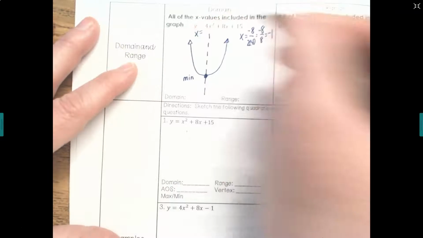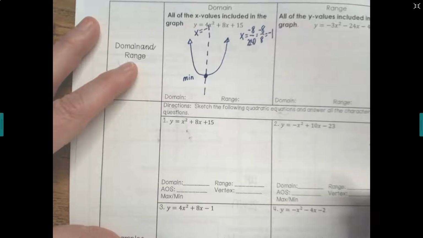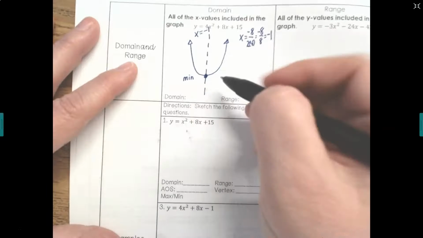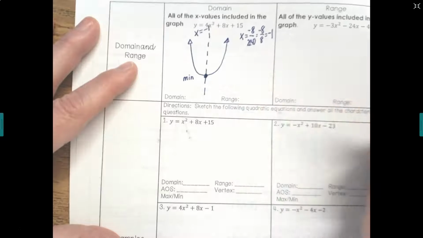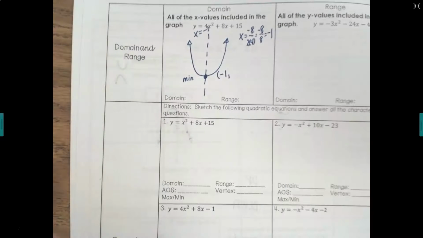So my axis of symmetry is x equals negative 1. Okay, that also tells me the x value of the vertex because the axis of symmetry goes through the vertex. So we know that's a negative 1.